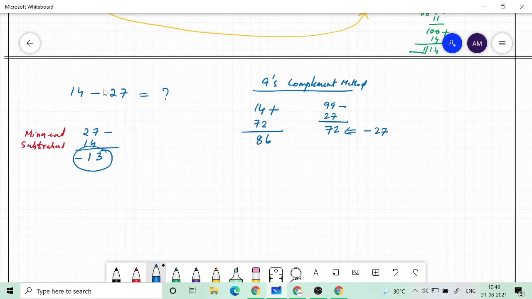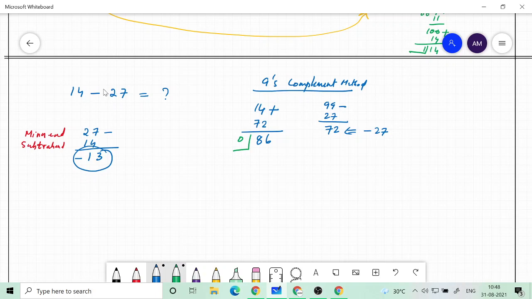So we got 86. The result we got, we didn't get any carry. Earlier we got a carry, now we got no carry. So what we need to do? We just say that 86 is the right answer, and the answer is in the 9's complement form.